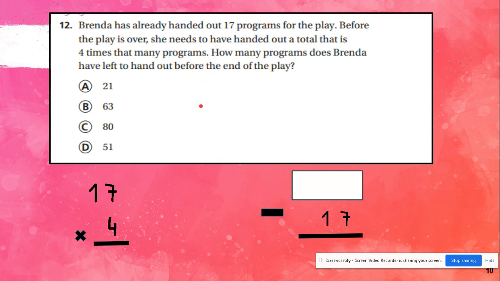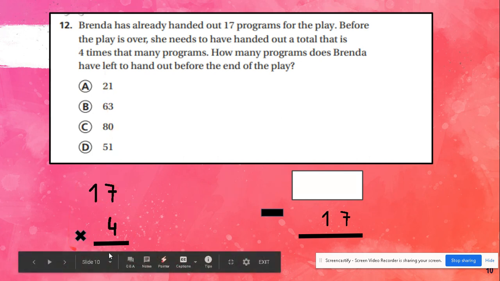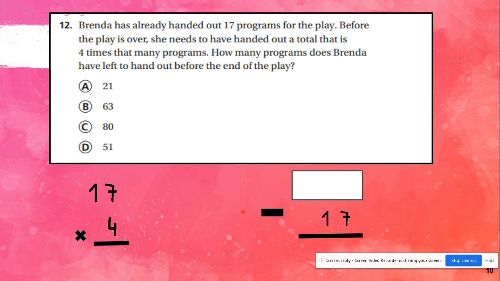Her total that she needs to give away is 17 times 4. So I have it over here on the side. This is her total that she needs to hand out. But she already gave out 17. So your product that you get from here, you're going to subtract 17. And that's how you get your answer.